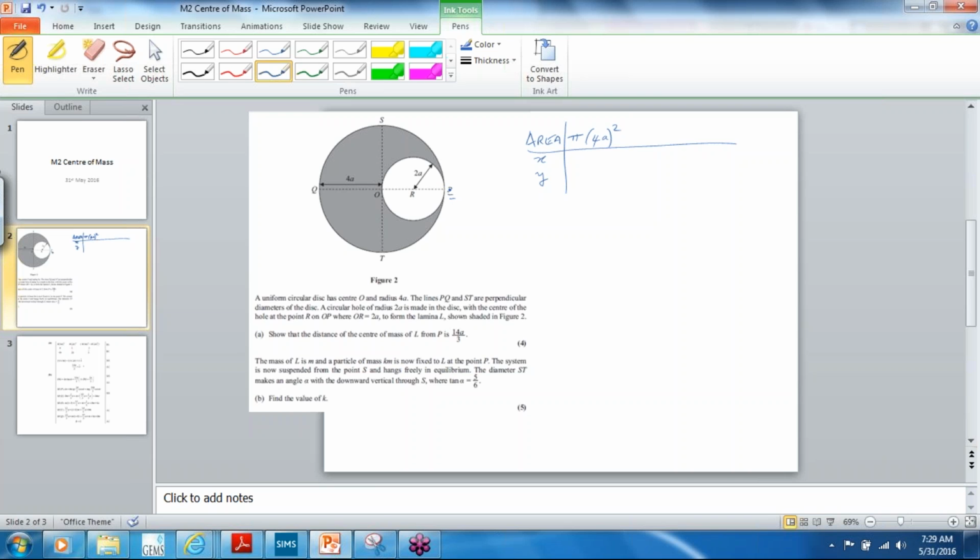And the centre of mass of our large circle from P is negative 4a, 0.